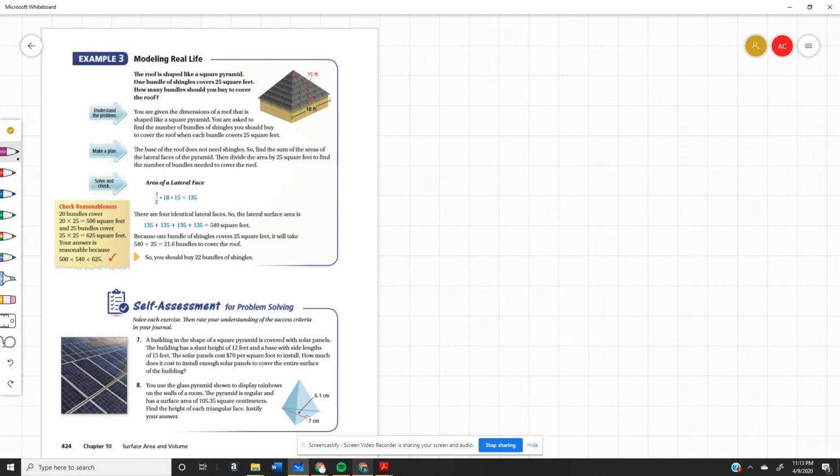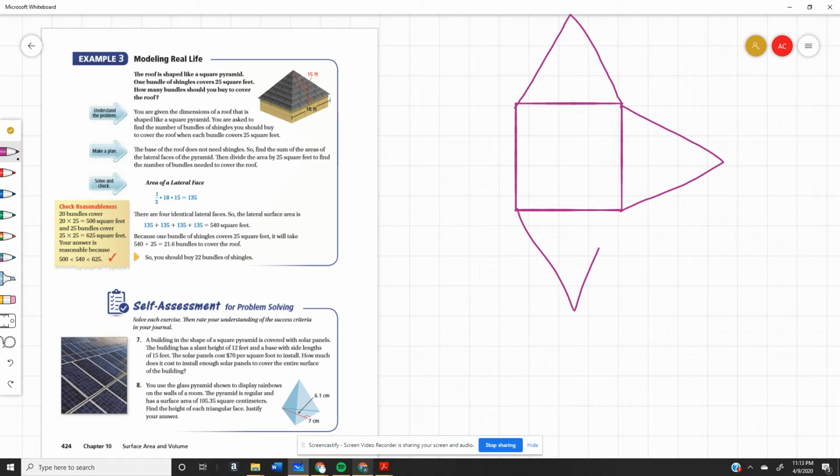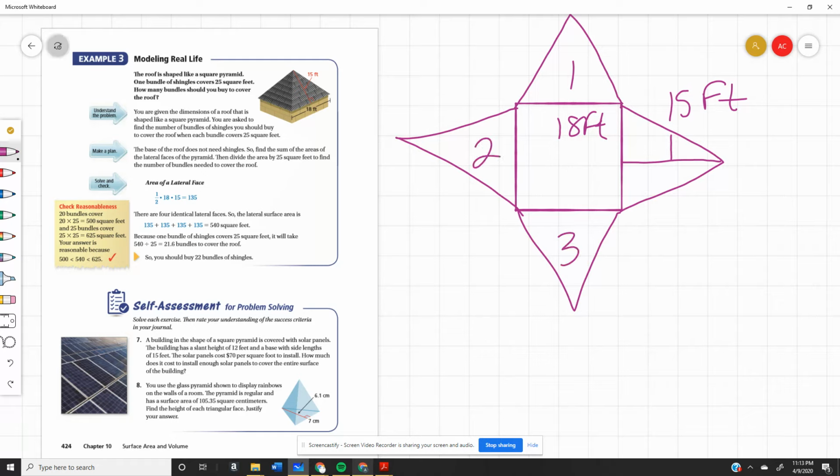Okay? So let's draw a net. Even though we don't need to calculate the base, let's draw a net just so we can see this out nice and good. Okay, and we have a base here of 18 feet, and we have a slant height here of 15 feet. So all we need to do is calculate these 4 faces. We don't need to worry about the base, okay?